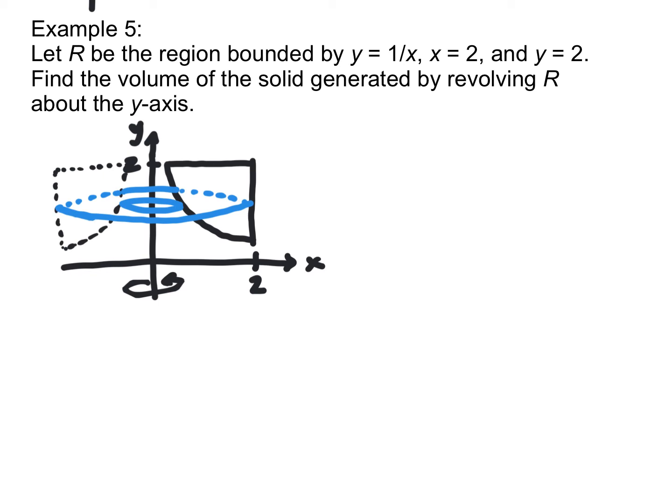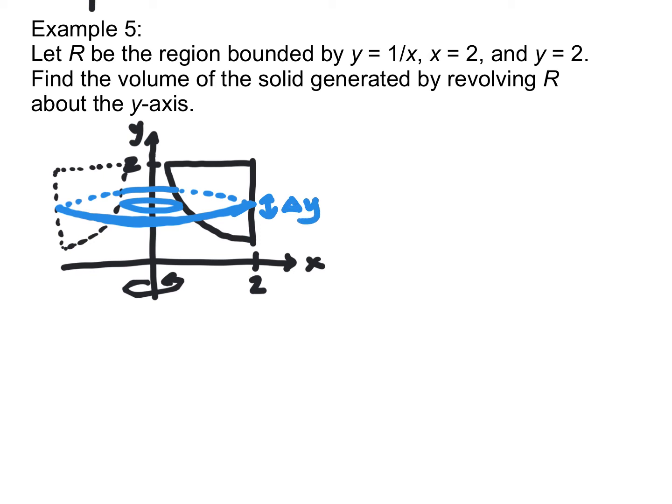Now notice that the thickness is what I'm thickening right here, and this red arrow here is showing how thick this washer is. And look at my red arrow, it's running up and down, so it's a change in y. So this thickness is delta y, which will become dy.